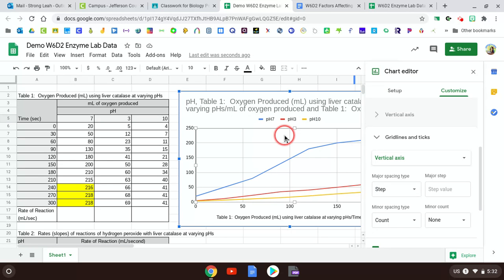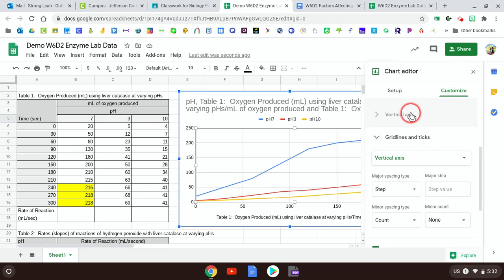All right, there's a couple parts of our graph that we haven't done anything with that would be important to think about changing. And that is labeling our axes, because this table 1 oxygen produced, that's not an axis of 50, 100, 150. That represents time. So you need to change it.